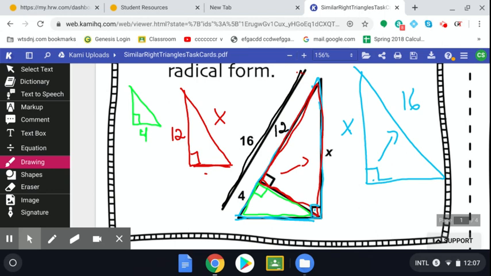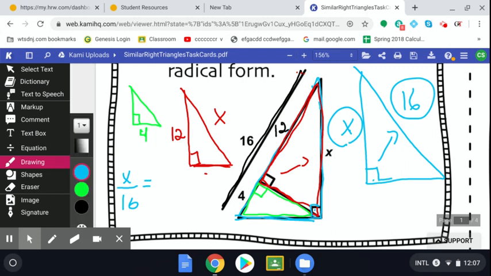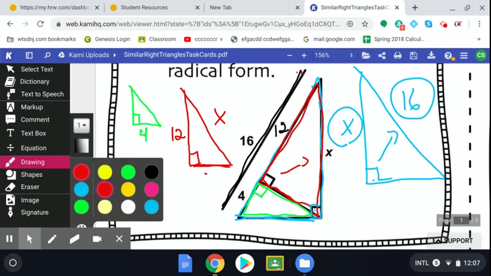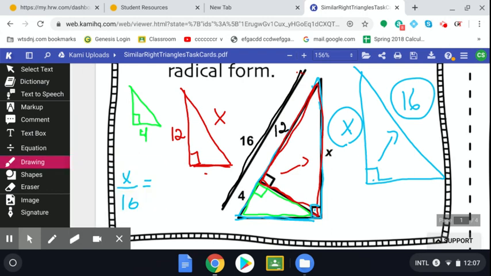And I'm going to say that the longer leg over the hypotenuse of the blue triangle, so x over 16, has to be equal to the longer leg over the hypotenuse of the red triangle, which would be 12 over x. And then after that, it's just a matter of cross multiplying and taking the square root and simplifying the radical. Okay?